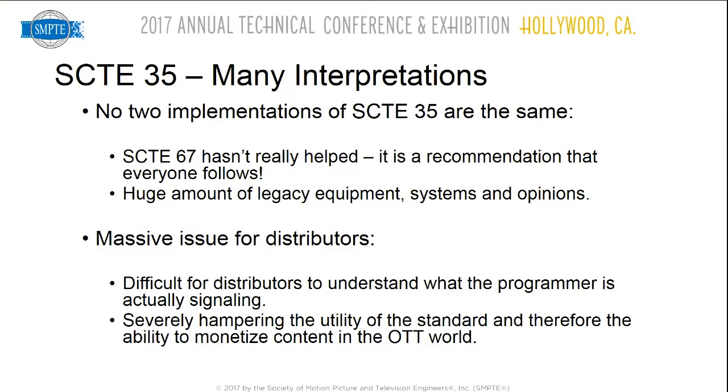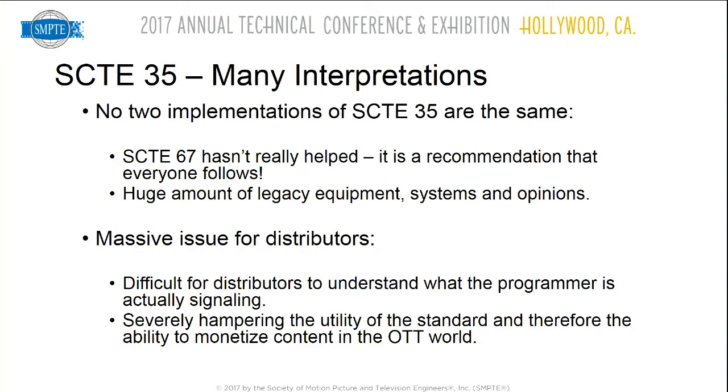And so, one of the problems with SCTE-35 is that there are many interpretations. In fact, Crystal's business is largely based on providing the SCTE-35 metadata for our broadcast clients, and no two of the implementations from broadcasters are the same.